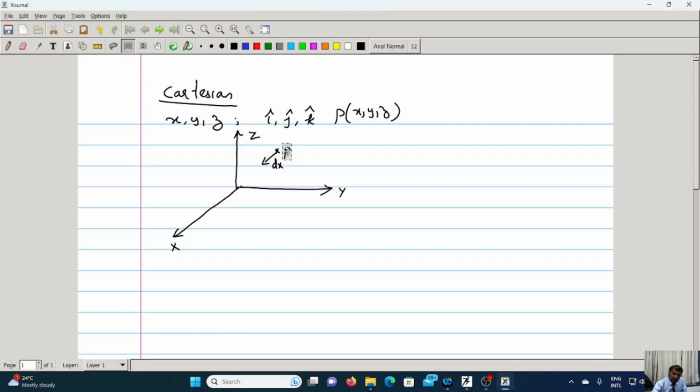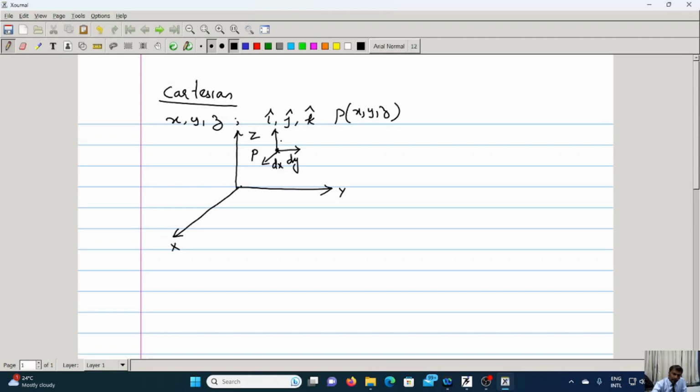Then I copy and paste this to make it here. Another variable is y. I am going to move this distance along the y axis, dy.